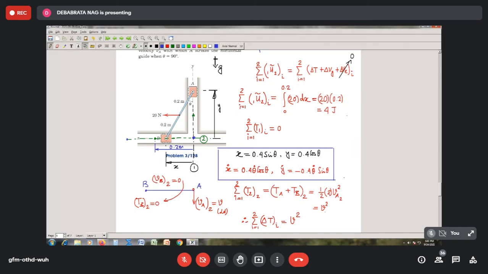So the only term that is surviving is this kinetic energy term, and therefore the total change in kinetic energy becomes equal to V squared.